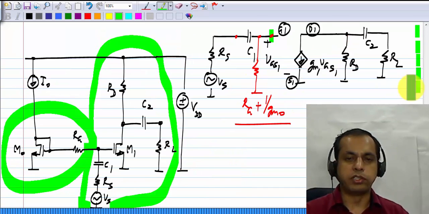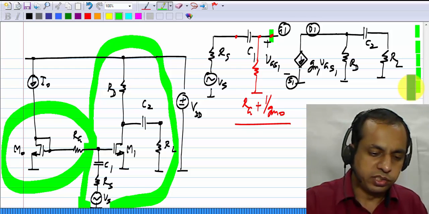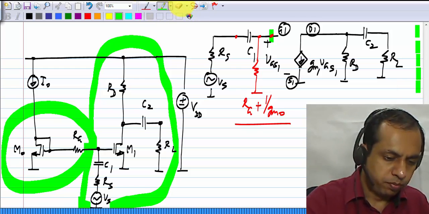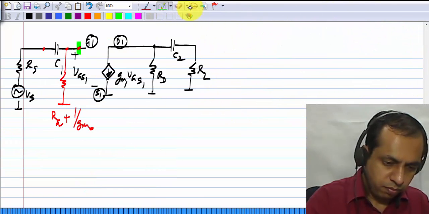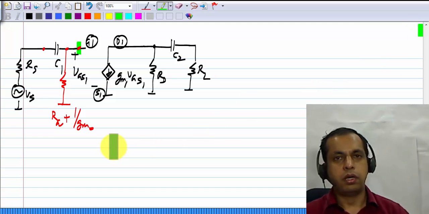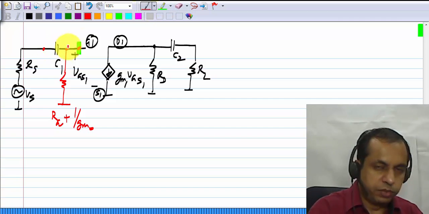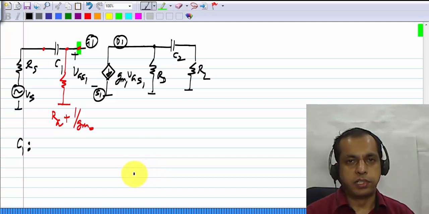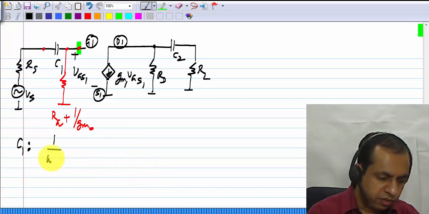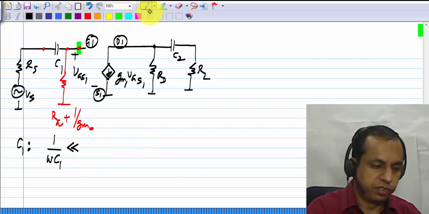Now once we have this equivalent circuit, this picture looks exactly like our old common source amplifier with constant voltage bias. So we can simply use all of the results from that one. I'm not going to rederive the conditions. For C1 to appear like a short, the reactance of the capacitor C1, 1 over omega C1, must be much smaller than whatever appears across it after the source is nulled.